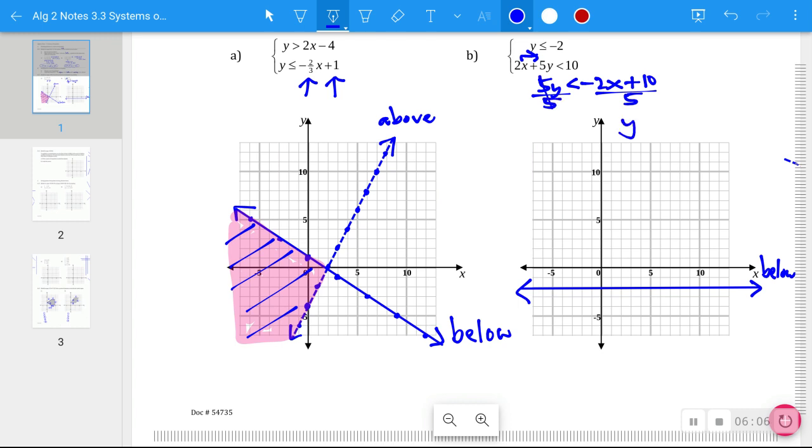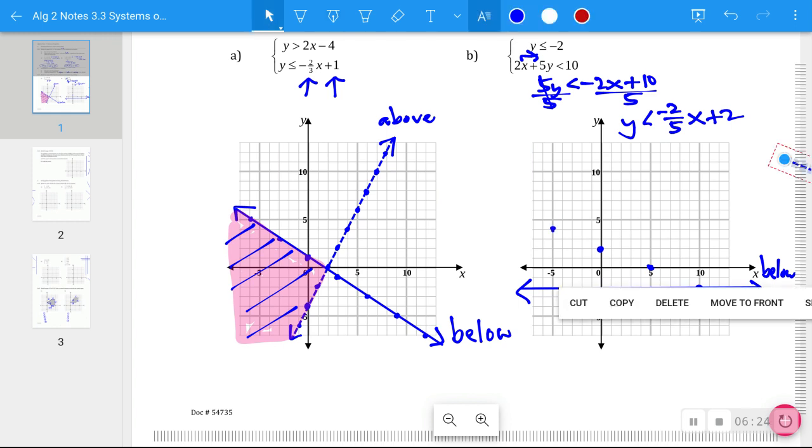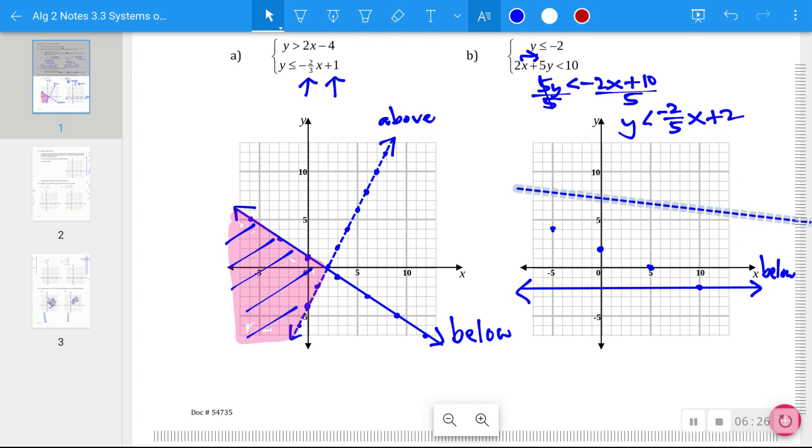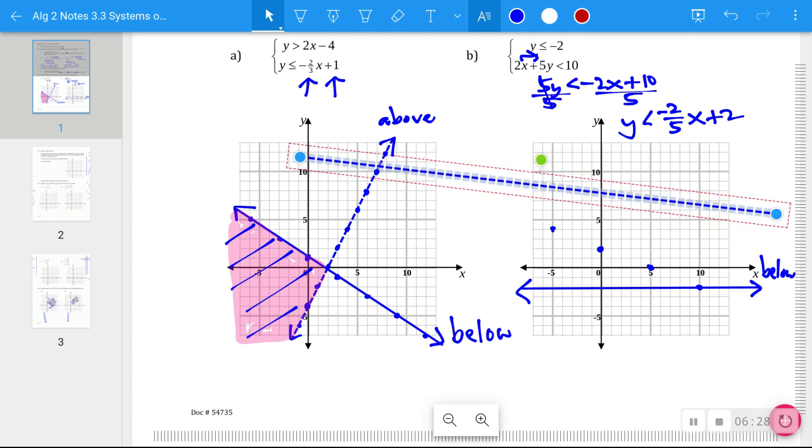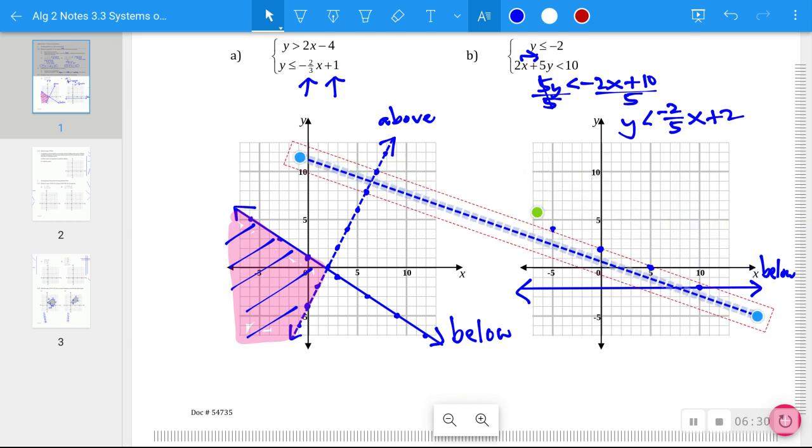And that'll take us down to y is less than negative 2/5 x plus 2, with negative 2/5 as our slope. So this one hits at 2, and we go 2 down and 5 over. And then we draw our line. I obviously am having some issues with drawing my lines here.